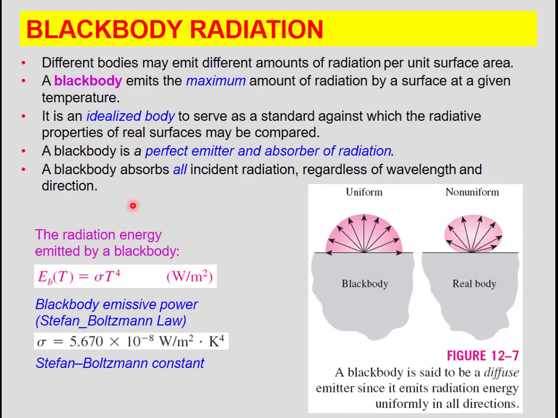We will see that wavelength and direction are effective on the amount of radiation for normal materials, but for the black body, we can imagine that it can absorb all of this incident radiation.